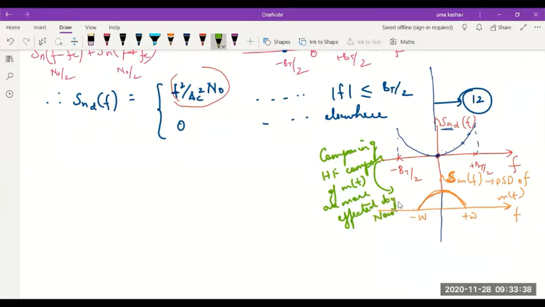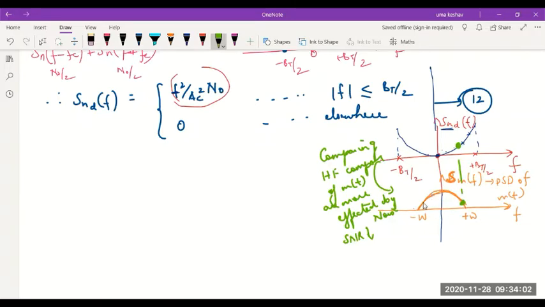The noise power is increasing as frequency increases, whereas the message power is decreasing as frequency increases. Here the power in the signal is so less, but the corresponding power in noise is higher. If you compare, what will happen to the SNR? Signal to noise ratio will reduce because of this.